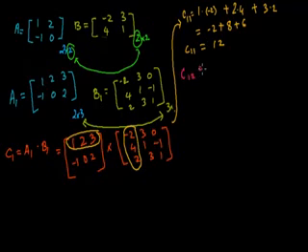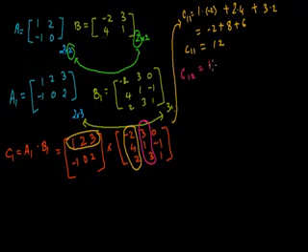Now let us find out C12. First row, second column. We multiply this same row with this column. That is C12. What is C12?